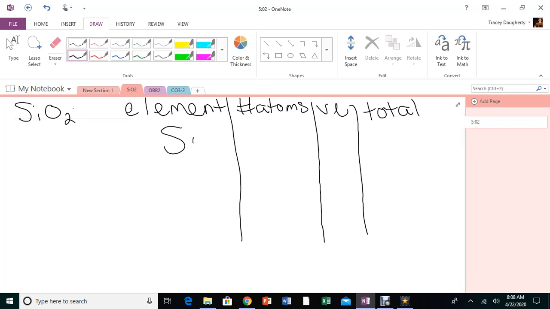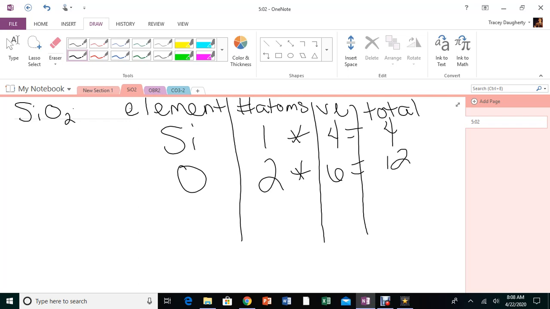We have Si and O. We have one atom of Si, two atoms of oxygen. So Si has 4 valence electrons, O has 6 valence electrons. Multiply across. 1 times 4 is 4, and 2 times 6 is 12. We get a total of 16.